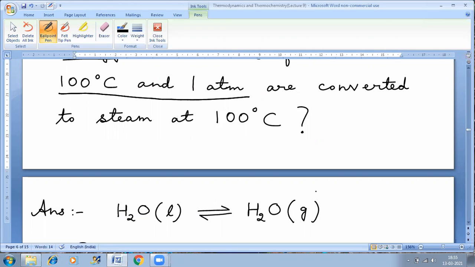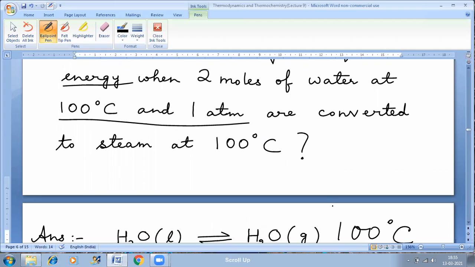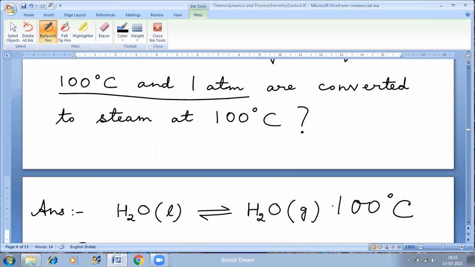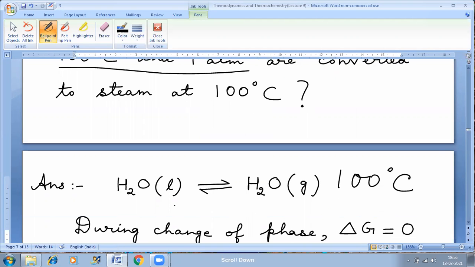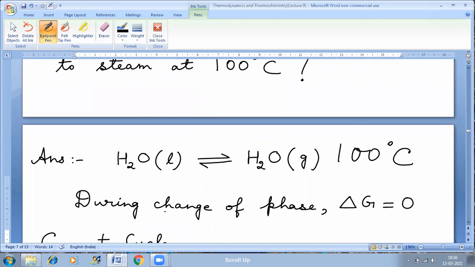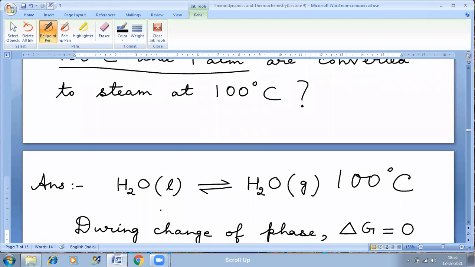So straight away we can say that since temperature is remaining the same, at 100 degrees Celsius, liquid water is getting converted to steam. So delta G is 0 during change of phase. So I'll say that delta G is equal to 0.